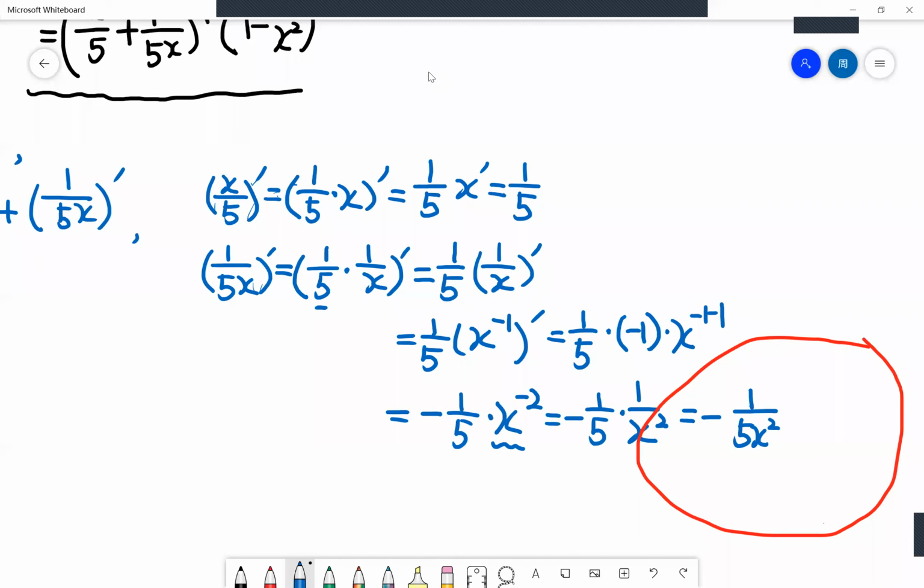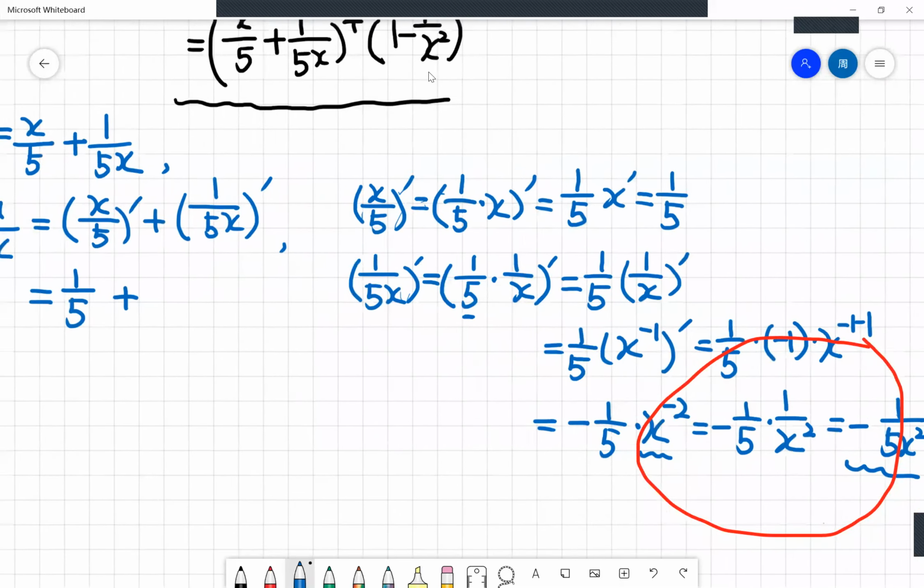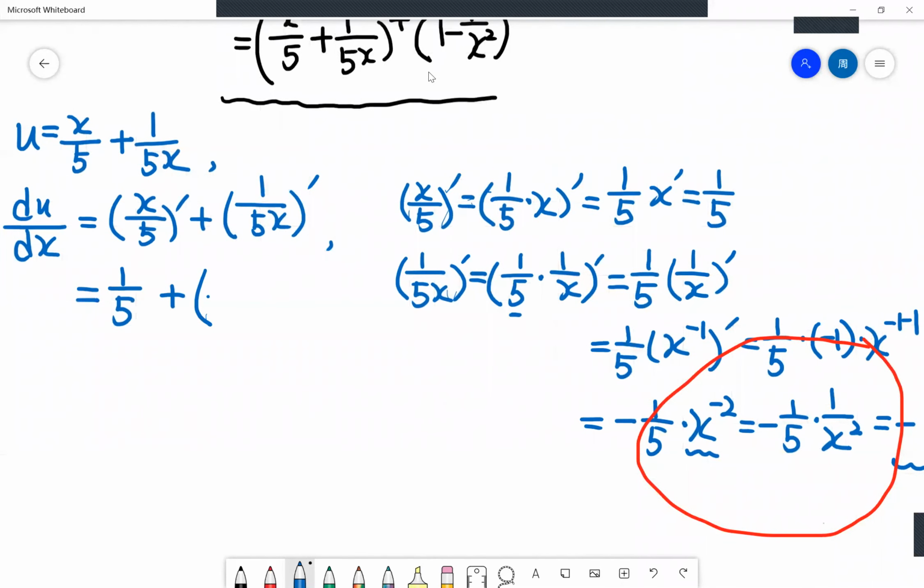So the second part, that is minus 1 by 5 x squared. So we have du by dx equals 1 by 5 minus 1 by 5 x squared.